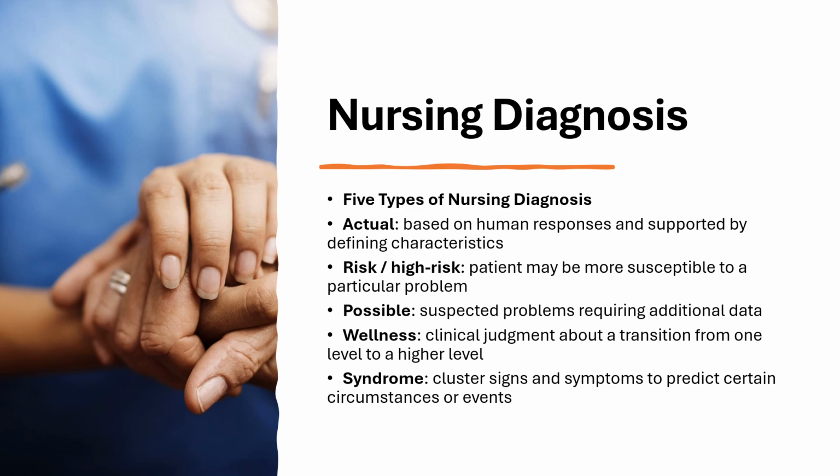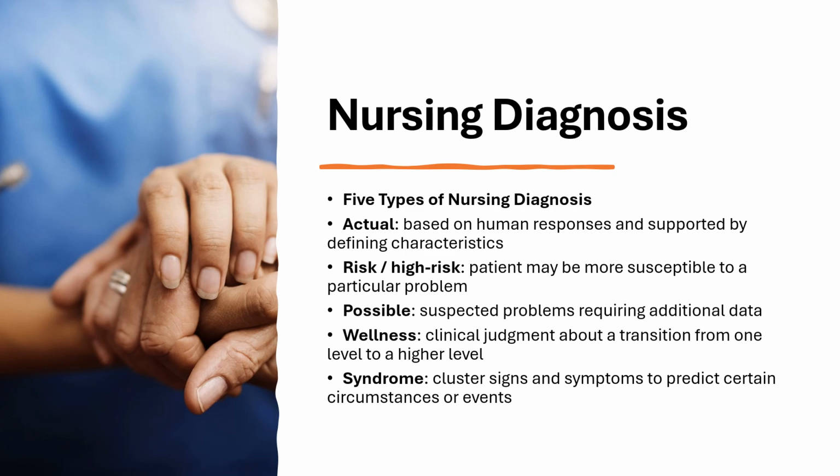Possible is the suspected problems that need additional supporting data. For the wellness part, we're talking about clinical judgment about transition from one level to a higher level of being, wherein the patient would experience better health and well-being.